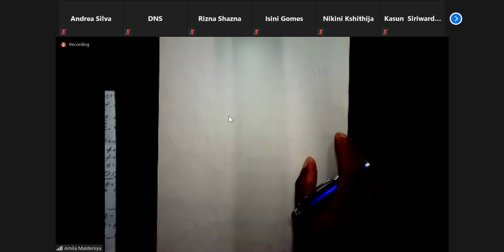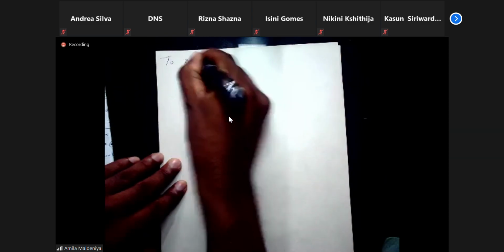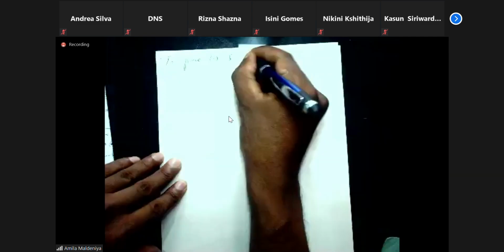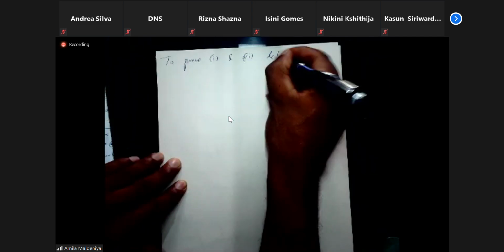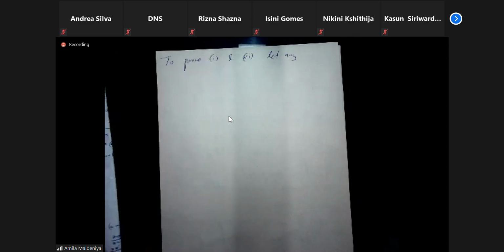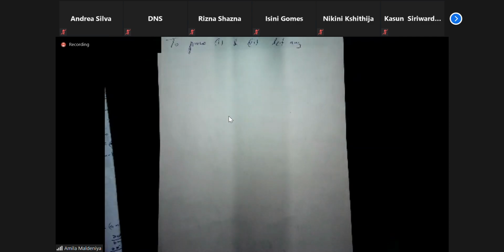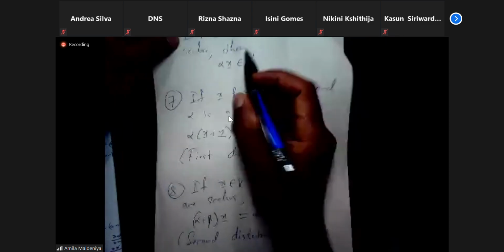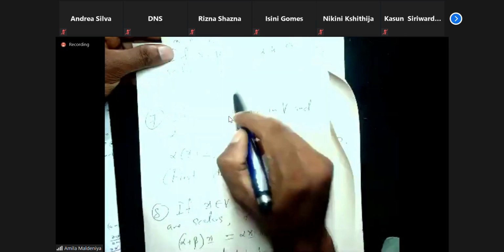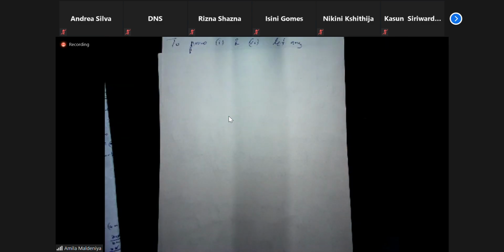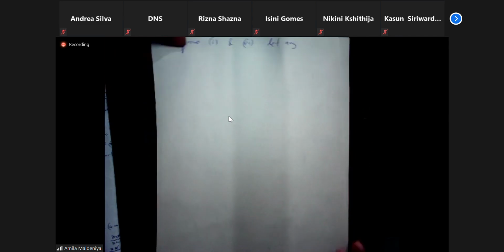Right. So let's prove 1 and 6. Let's first of all look at 1 and 6. 1 is that S is closed under addition, and 6 is closed under scalar multiplication. So that means S is closed under the operations. That's what you want to prove in 1 and 6.